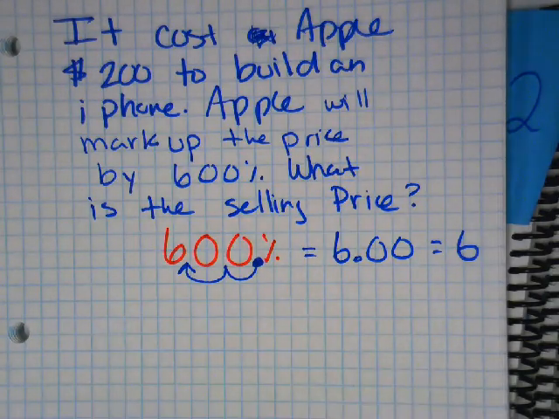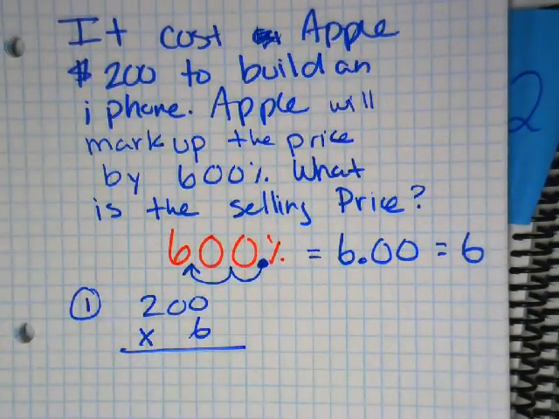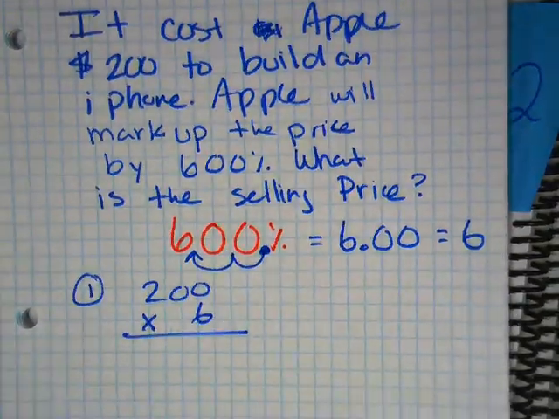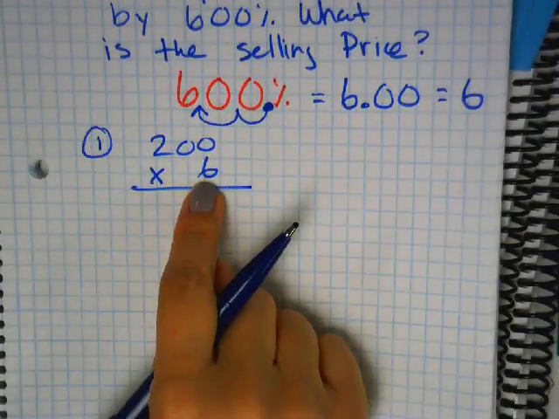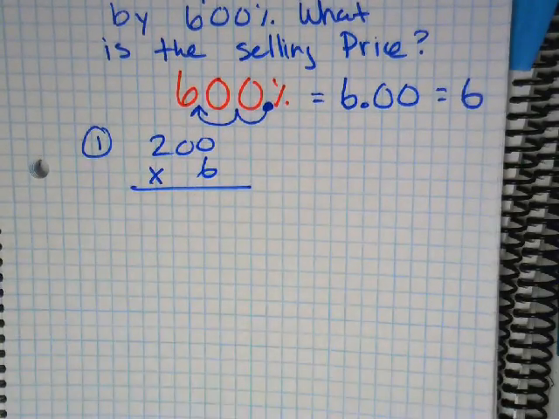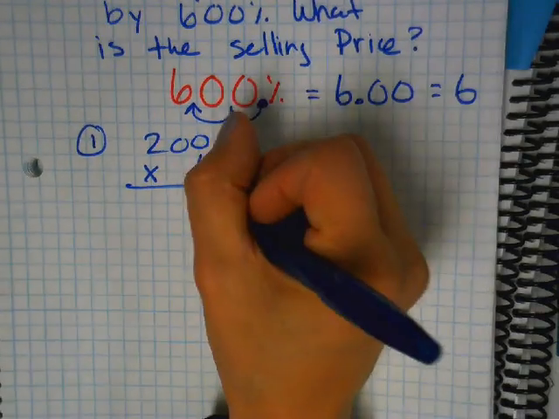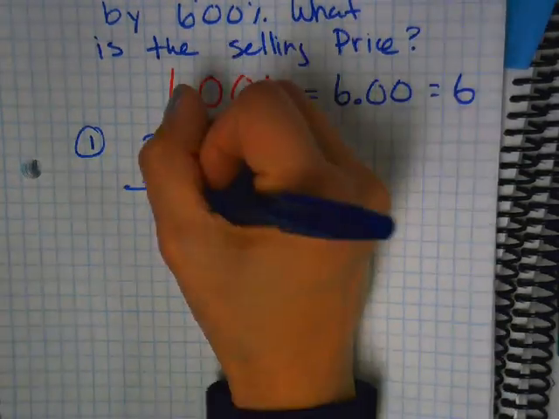Okay, so step number 1. 200 times 6. We can do this. 200 times 6. Very easy. What's 6 times 0? 6 times 2.